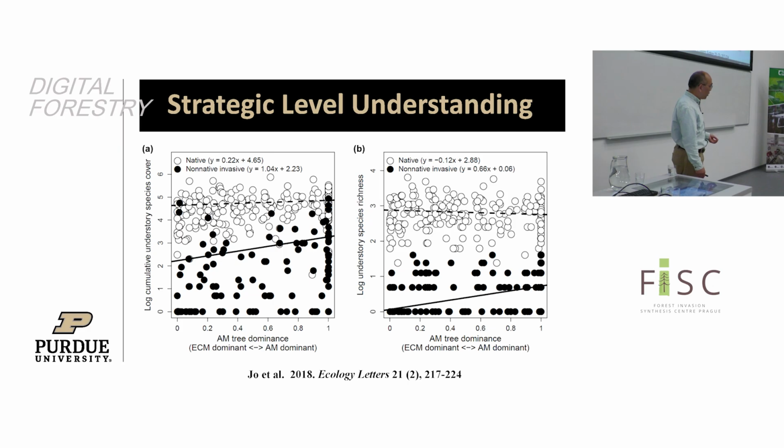Arbuscular mycorrhizal associated forests, which most often are deciduous, right? And then the ECM, which is ectomycorrhizal, which is mainly associated with the pine and coniferous forest. Guess what? These forests might have a totally different way of impacting the overall distribution and abundance of invasive species.